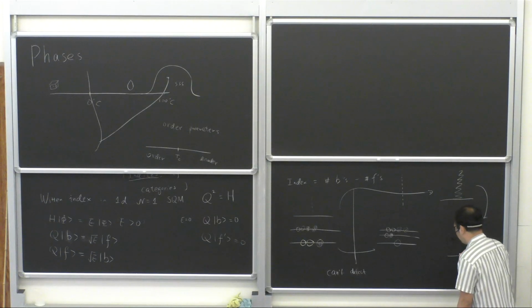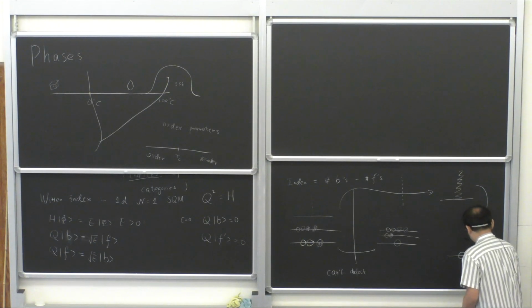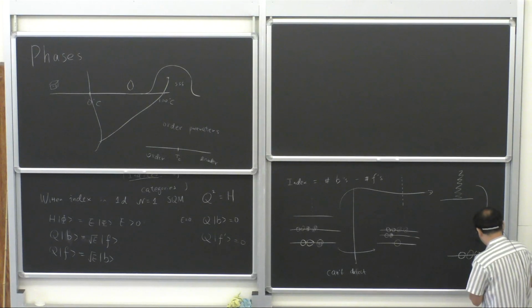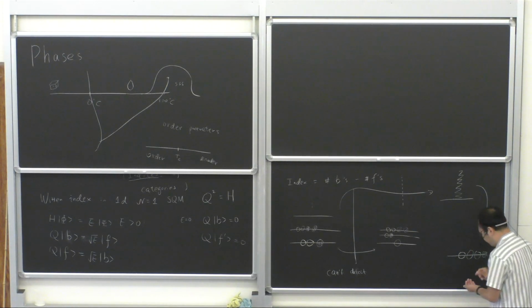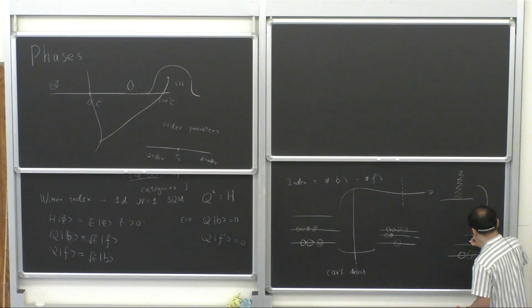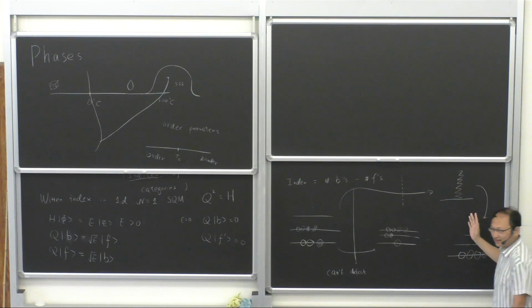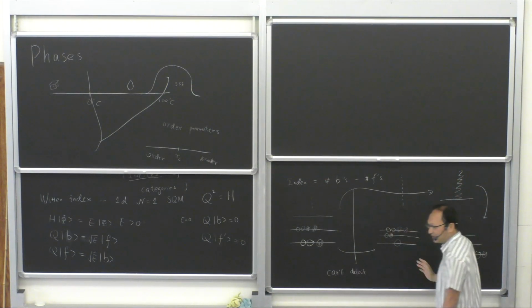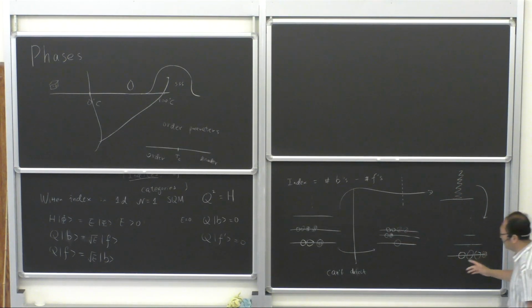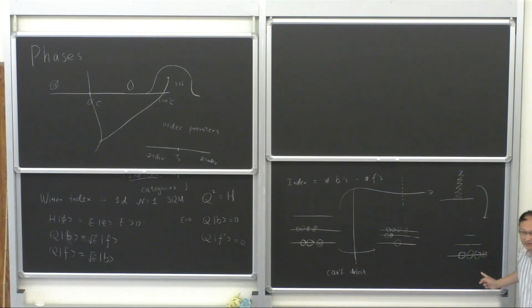So for example, I can now have maybe 3 and a single. So there are these kinds of phase boundaries, and the index on the two sides will actually be different. And then the index will be useful in detecting this kind of phase transition.